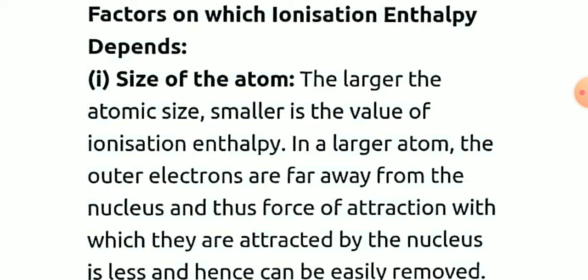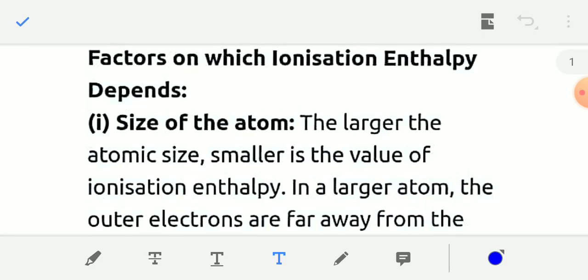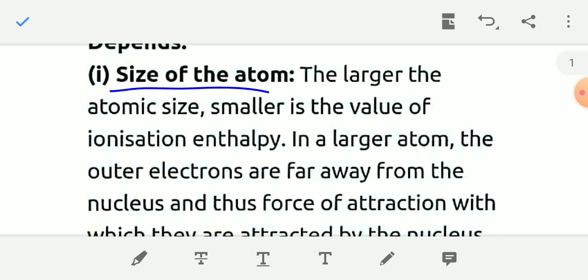First factor is the size of the atom. The larger the atomic size, the smaller the value of ionization enthalpy.